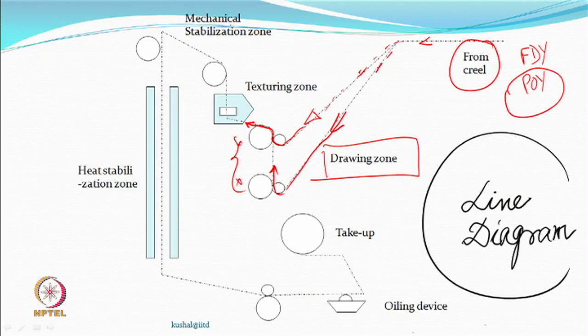So, we come back to our own original sequence line diagram. It says that if you need a drawing, then you go to a drawing zone first, draw the yarn, and then feed it to the texturing zone.